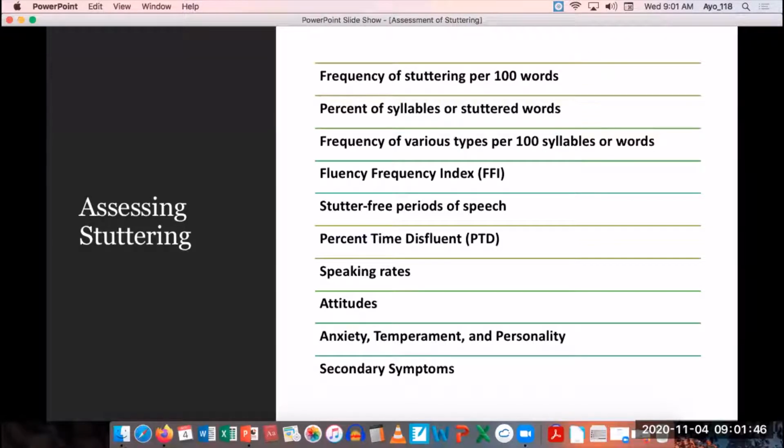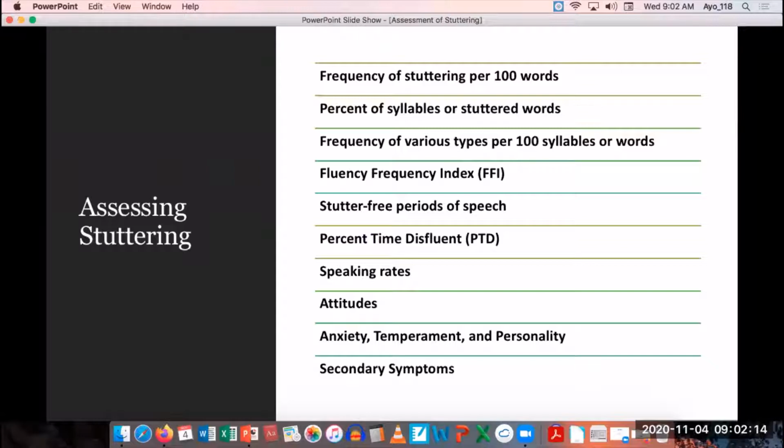Typical disfluencies. Okay, so your assessment may be that this is typical disfluencies, and so what's your recommendation going to be? Right, your recommendation will probably be that they don't need formal therapy at this time.